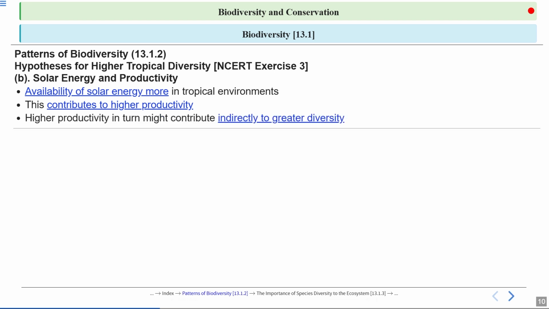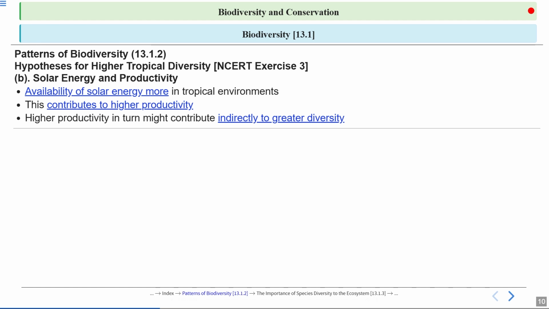Now, higher productivity occurs when more output is generated from the same or fewer inputs, leading to benefits such as increased diversity. So if the productivity is high, then there is more biomass and more energy available in the ecosystem. More energy will be available for the consumers, and it will help them to diversify.